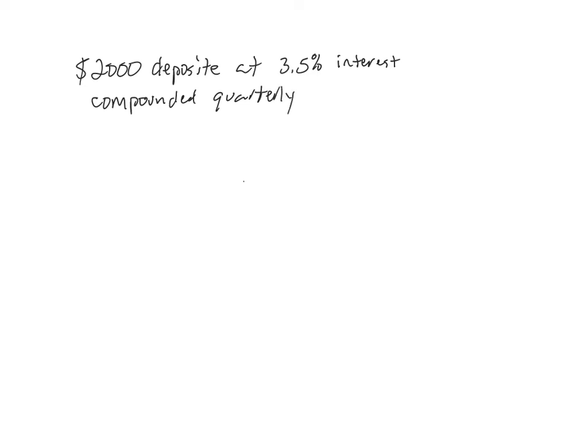So a quarter is 1/4, so it's 4 times per year. Okay, so using our formula, oops, that's not 12, is the last one. n t. Okay, so the principal amount is 2,000.